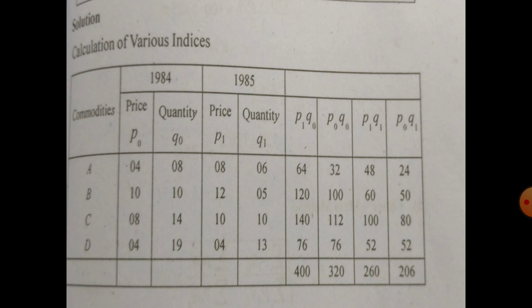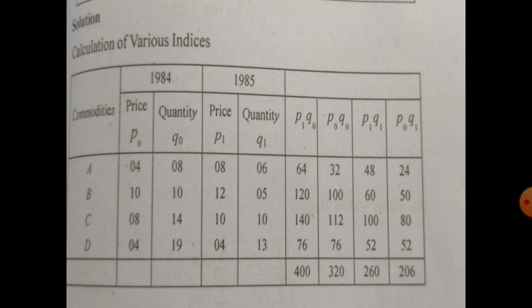First you have to find out the value of P1 Q0. That is, you multiply the fourth column and third column: 8 into 8 is 64, 12 into 10 is 120, 10 into 14 is 140, 4 into 19 is 76. The next one is P0 Q0, which is considered as the V value. So 4 into 8 is 32, 10 into 10 is 100, 8 into 14 is 112, 4 into 19 is 76.